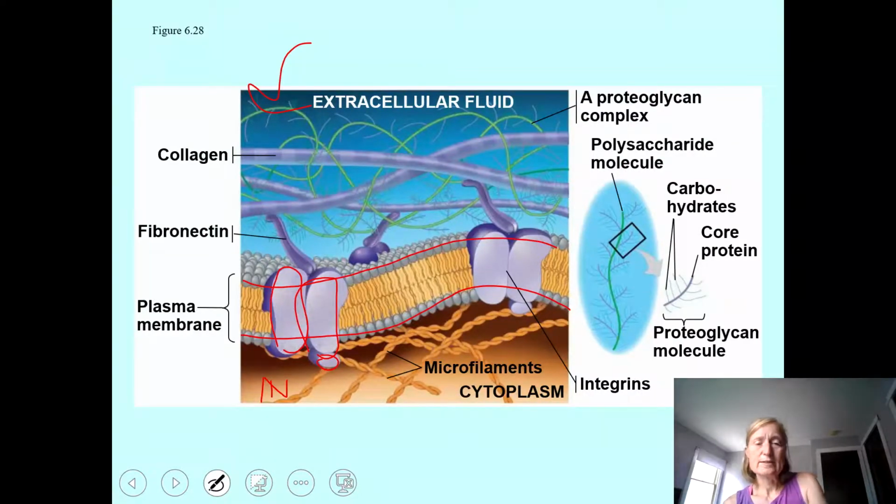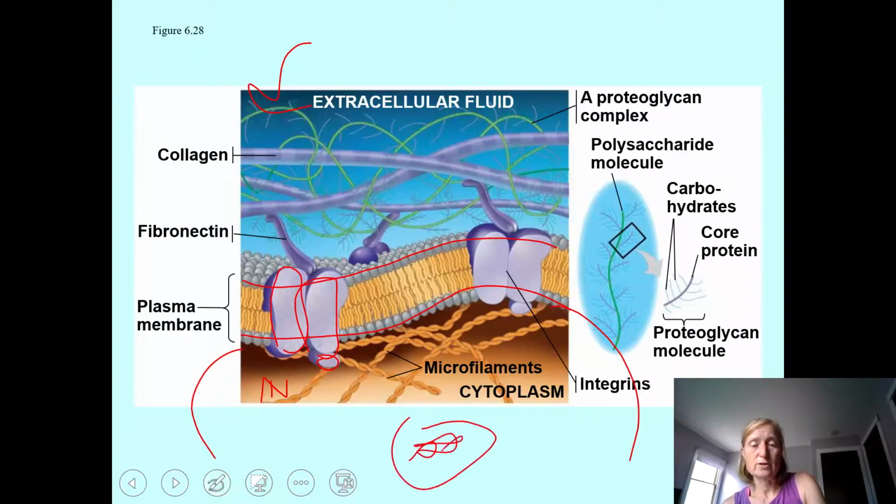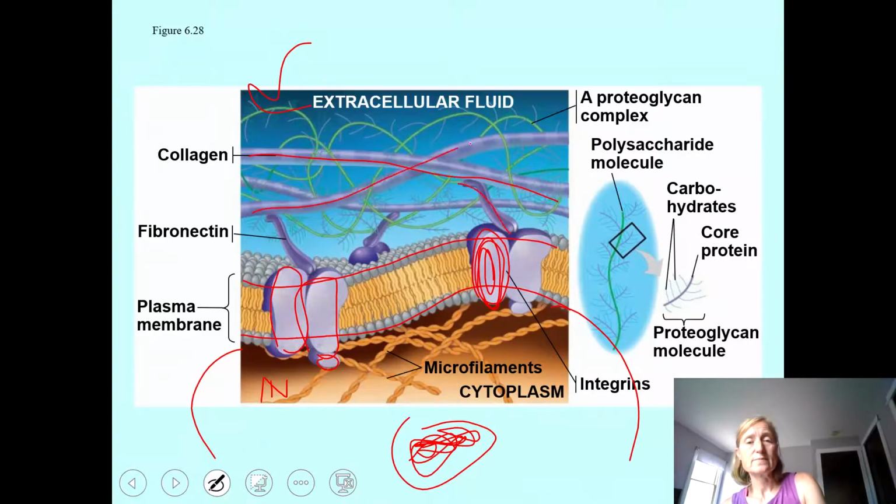So down here, in the cell, we have the nucleus. We usually think of the nucleus as kind of the center of the cell that directs all of the behavior of the cell. But it turns out that molecules called integrins, those are proteins in the membrane, interact with the extracellular matrix and can receive information from it and send that information via parts of the cytoskeleton to the nucleus.